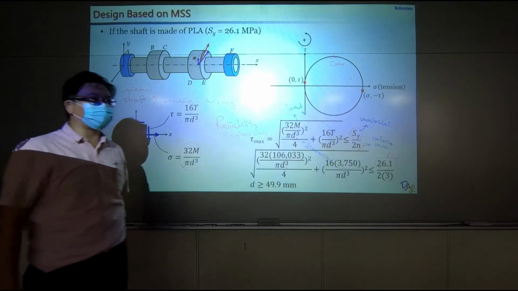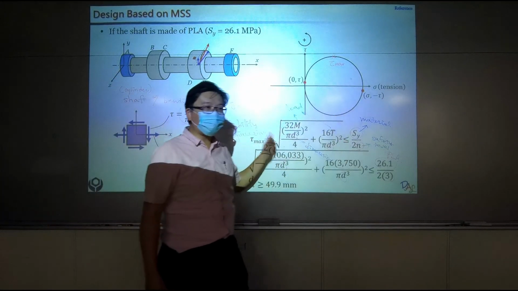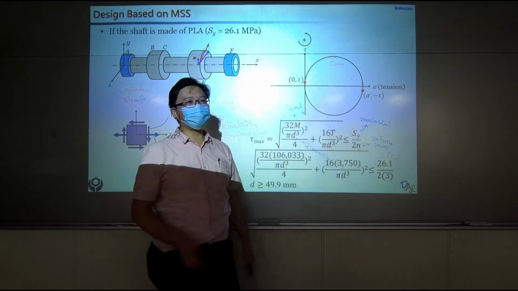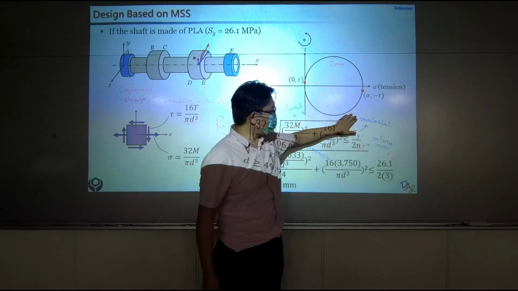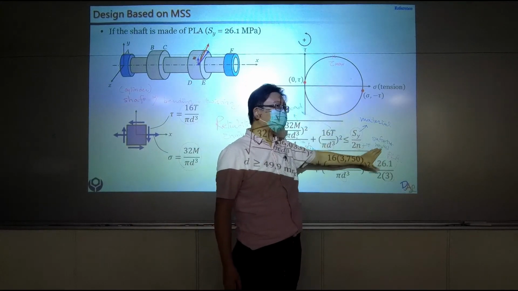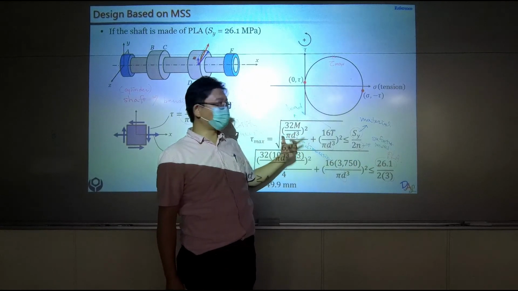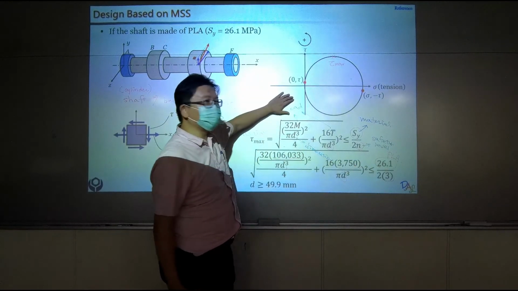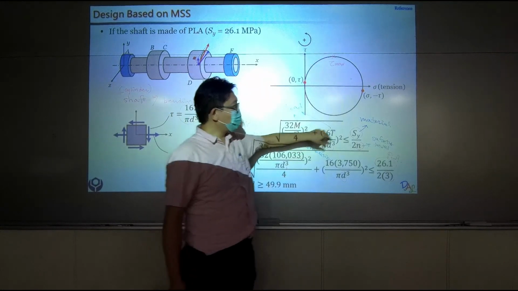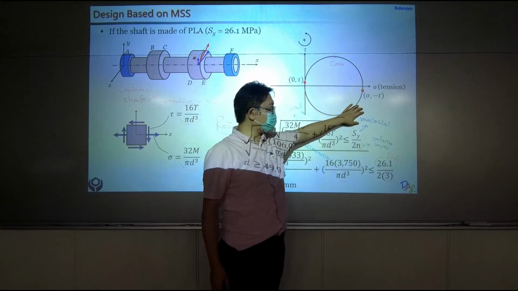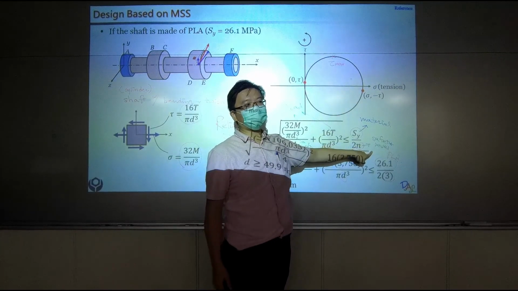So usually when I give you a problem, I tell you 3 out of 4, and you can calculate the unknown. If I tell you dimension, material, and I want to reach some level, you can tell me how much load you can carry. If I tell you I want to carry some load, I have some dimension, I pick some material, you can tell me how safe the design is.